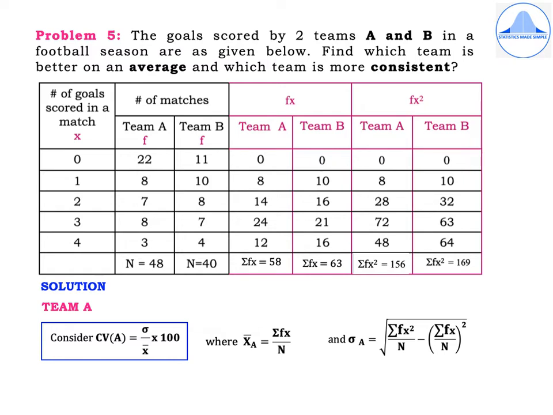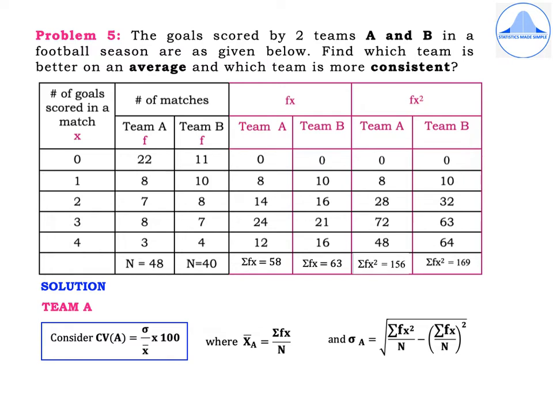So I form the next columns highlighted in pink color, that is fx for team A and fx for team B, and then you have to calculate fx square for team A and team B and then get all the four totals. So the fx values for team A are 0, 8, 14, 24 and 12. So summation fx is 58, and for team B fx values are 0, 10, 16, 21 and 16, and so you get summation fx as 63.